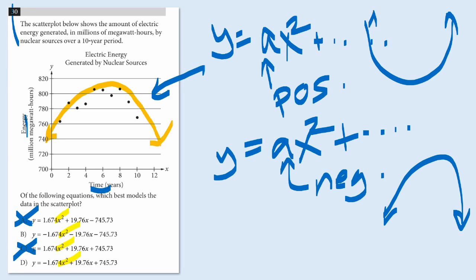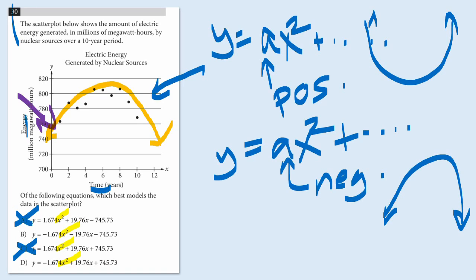X and Y in the expression or in the equation. But in the word problem here and in the graph, we have time and energy. So I've encouraged you in situations like that where you have a function with the relationship of two variables to have a quick look at the y-intercept because it's going to have a lot of information.